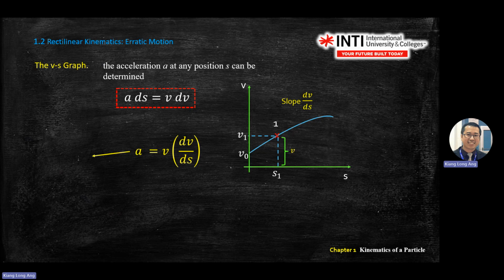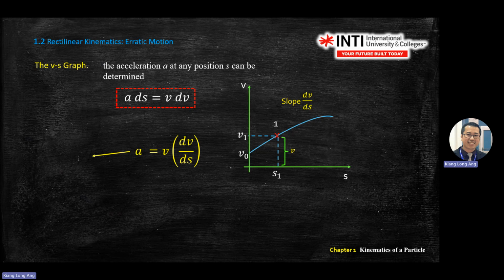So go back to your v-s graph. The slope again is dv ds. At this point, there's a slope that you can calculate, or the gradient you can calculate. On any graph, with y and x, you can calculate the slope by using dy dx. In this case, your y is v.